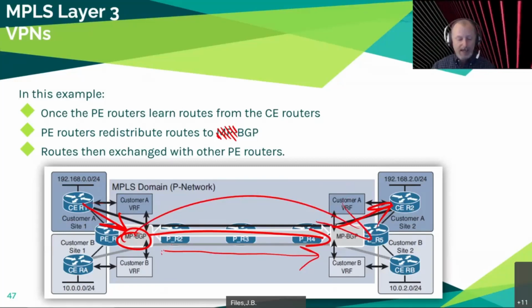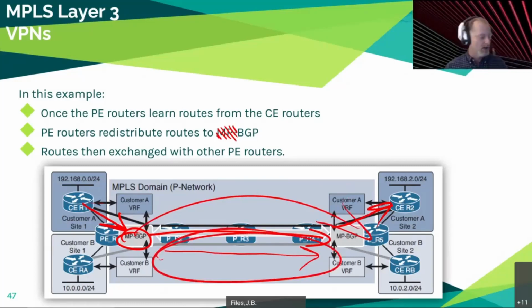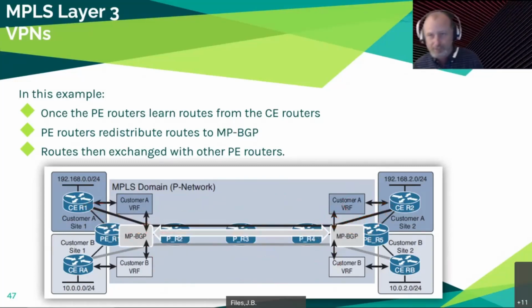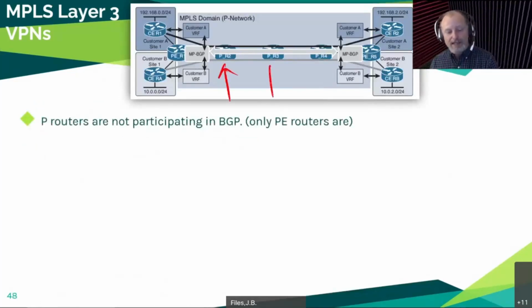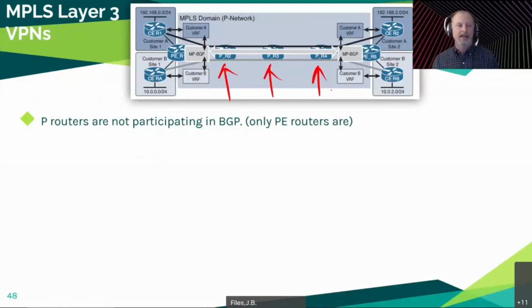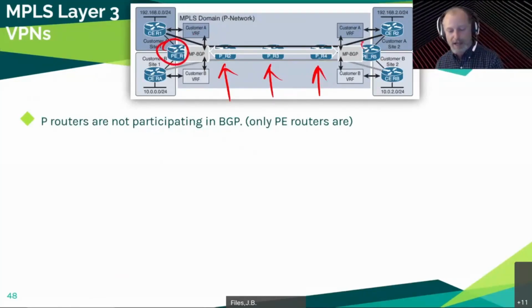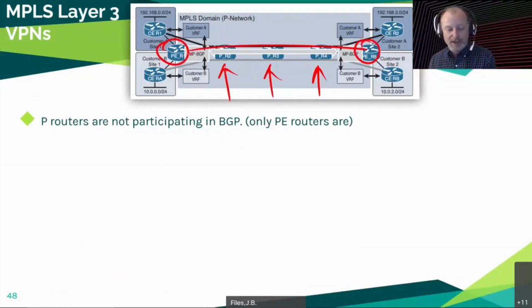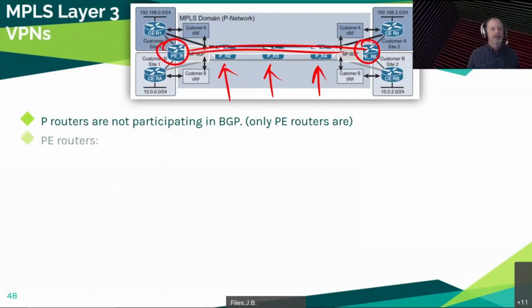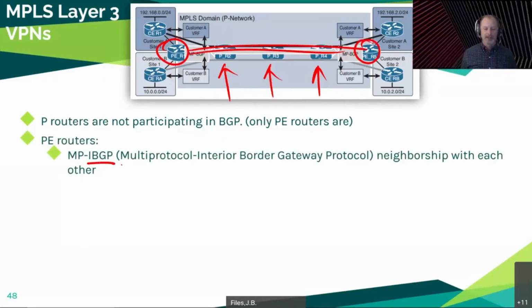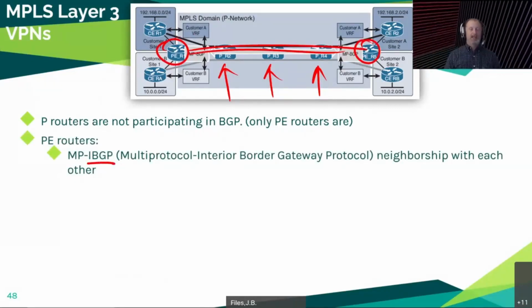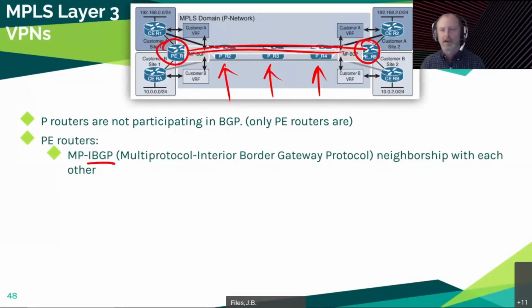And MPLS is handling all of the stuff in the middle there. Okay. So the provider routers in the middle are not participating in BGP, only the provider edge routers. Again, they're talking directly via BGP. All right. And of course, we're using iBGP because those two routers are in the same autonomous system.